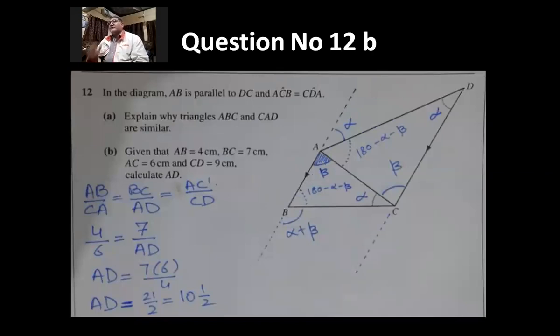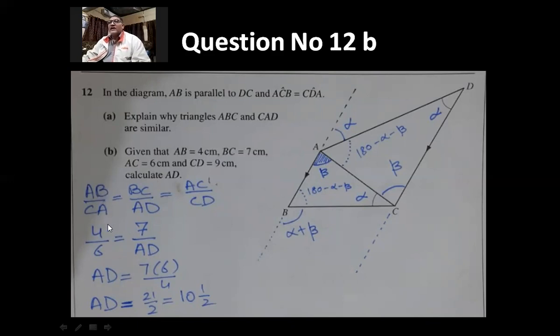Because the triangles are similar, I can write the ratio of their sides: AB divided by CA equals BC divided by AD, and equals AC divided by CD.